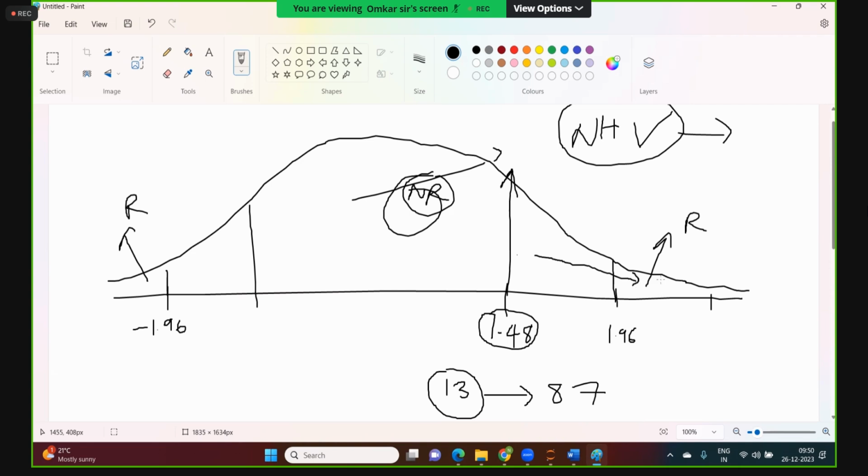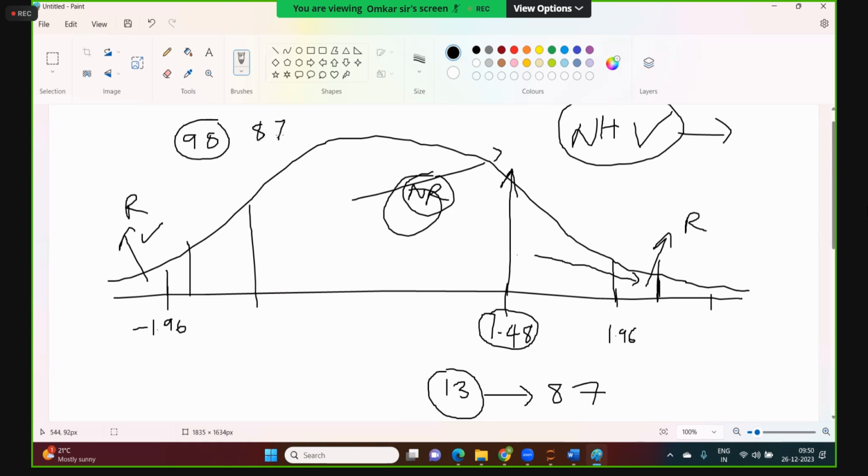So how much area are you covering? 98, suppose. 98 is going to which area now? The rejection area. So what is this 98 and what is this 87? What is the definition of this?